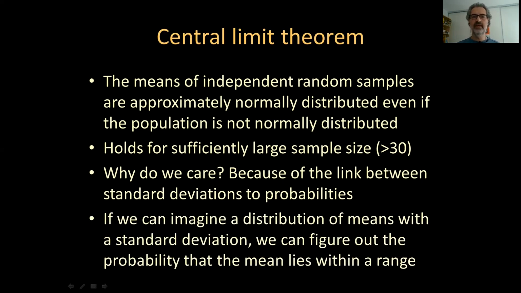So if we can imagine a distribution of means with a standard deviation, then we can figure out the probability that the mean lies within any given range. So the central limit theorem tells us that the means of all the samples, those that we haven't measured, we only have one, but the means of all the possible samples are going to be approximately normally distributed, which means that we can apply the link from standard deviations to probabilities.